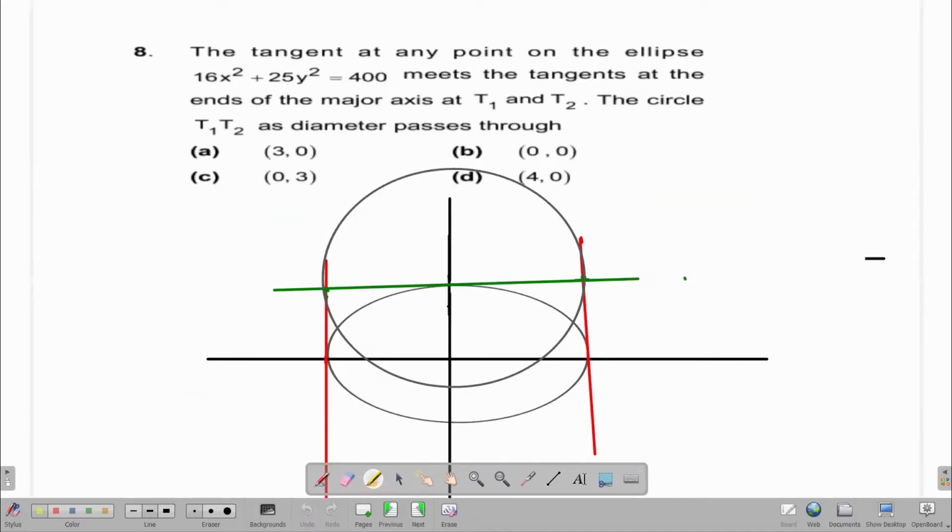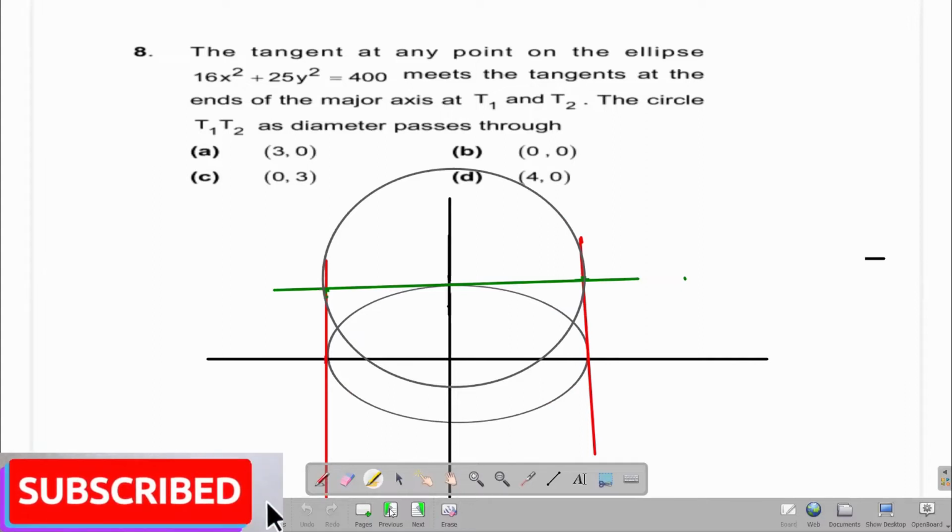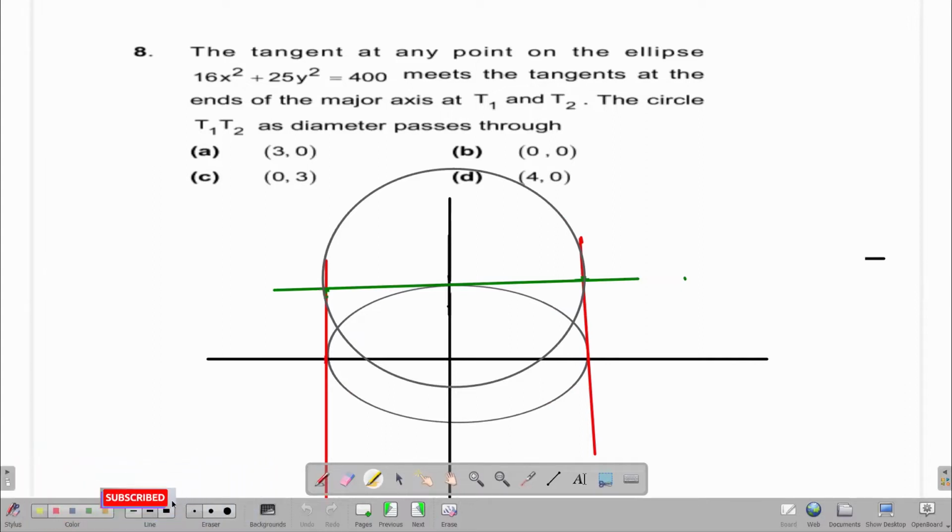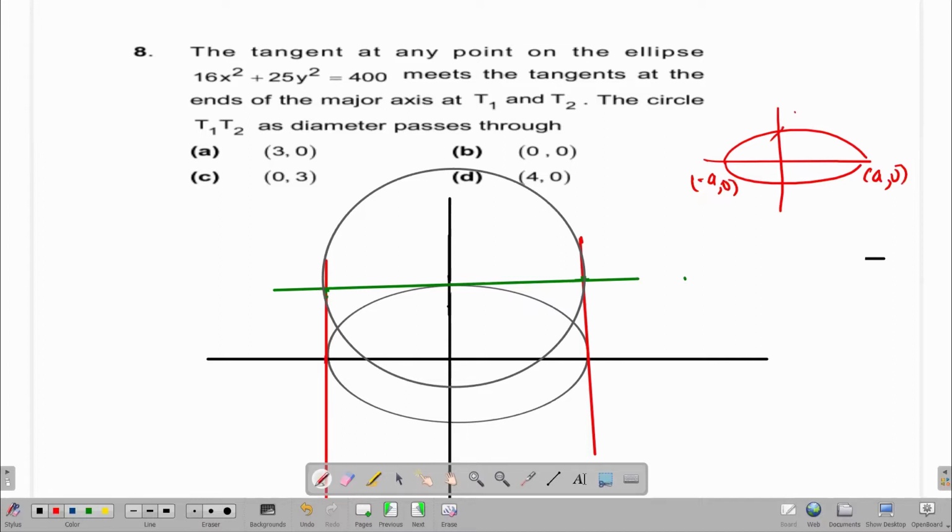Now here, one more thing: in case of an ellipse, if you have to find any tangent, we have four tangents which are visible. If this is my ellipse, then this point is (a, 0), this is (minus a, 0), this point is (0, b), and this is (0, minus b).